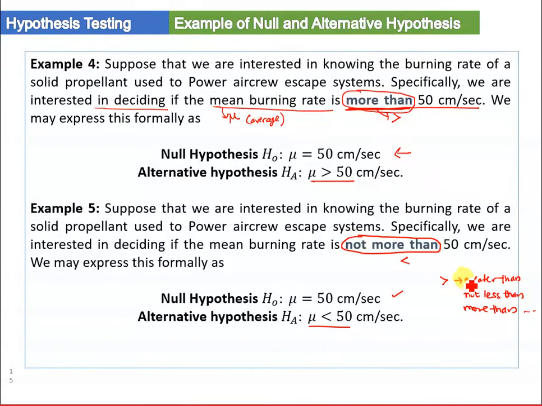If you see such kinds of words, you have to use the term greater than for the alternative hypothesis. You will use less than when you see the words less than, not more than, or shorter than.